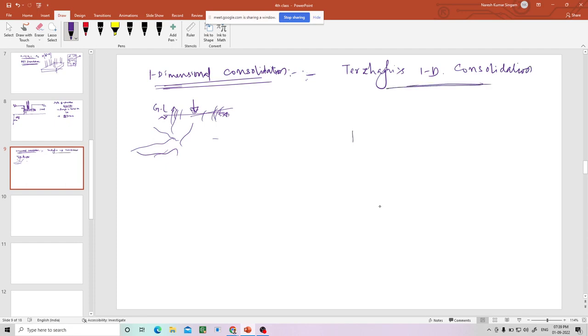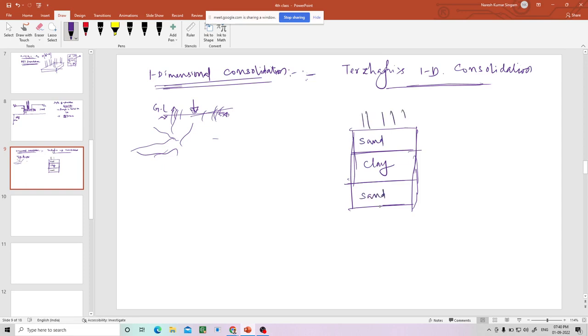Let us take a box. Now there is a clay layer, and this is, let us say, sand, and there is some load which is applied. See what happens when there is a load, this total soil will get compressed.